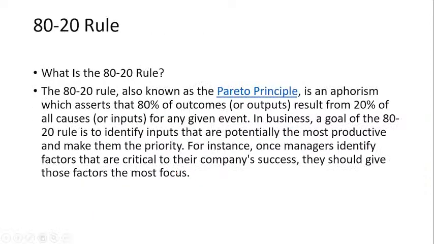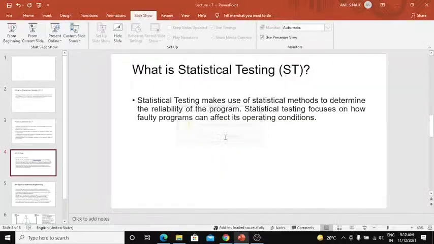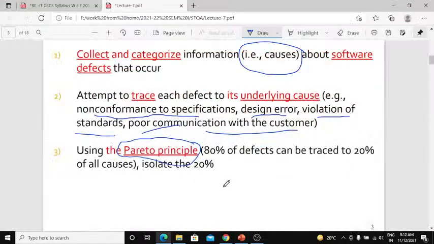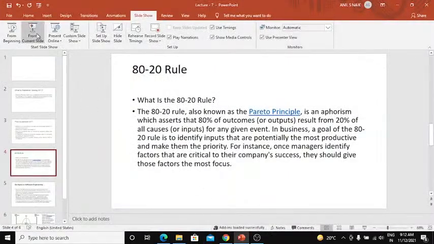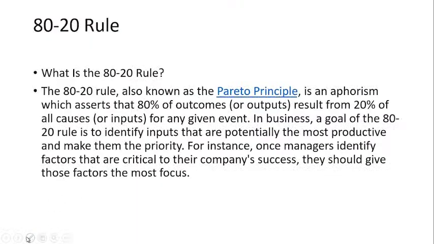So this 80-20 rule defines the Pareto principle, which asserts that 80% of the outcome or output results from 20% of all the causes or inputs for a given event.